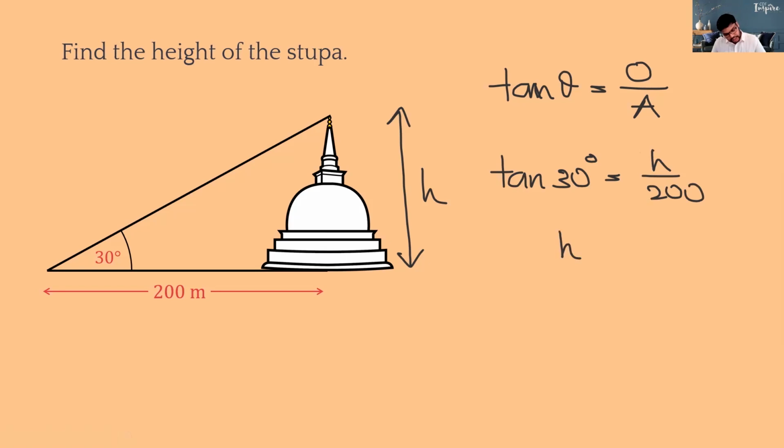So you get h equals 200 times tan 30. Then you have to find the value of tan 30 from your table. So children, should I show them finding tan 30 from the table? No, I don't think so. You tell them to do it, children, you all have to get used to it.